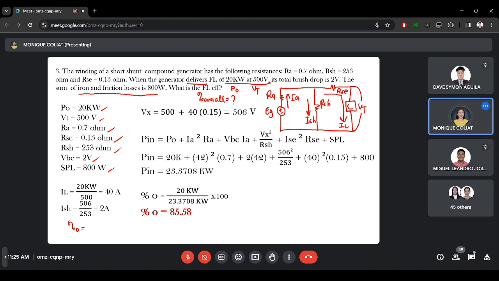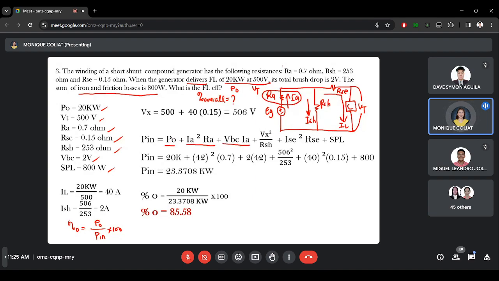So the current flowing at the brushes is the armature current. So VBC times IA plus VX squared over RSH.